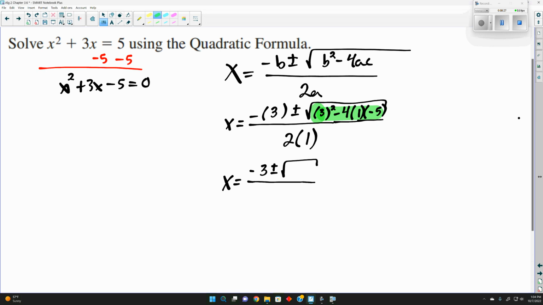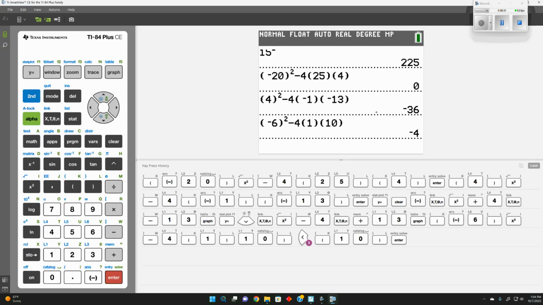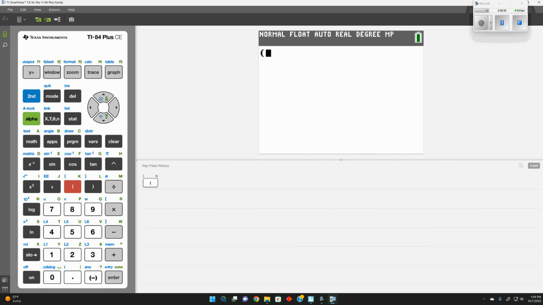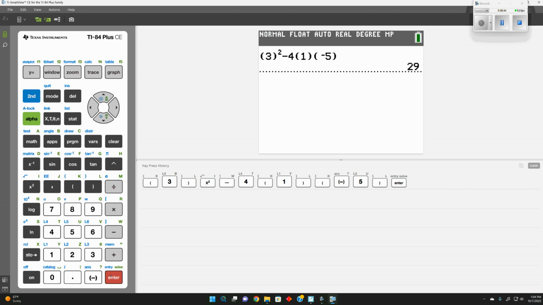So in either case, it's easier to just take the calculator, clear all that out, and say 3 squared minus 4 times 1 times negative 5. Okay, it's 29. In either calculator, we can get that.